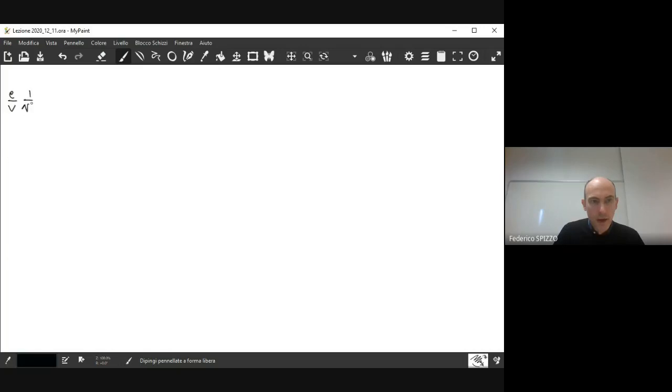Then we have 1 divided by the square root of N due to the Fourier transform of the u of r when we express that using the second quantization approach. Then we have the integral over d3r. Then we have the electronic density operator.